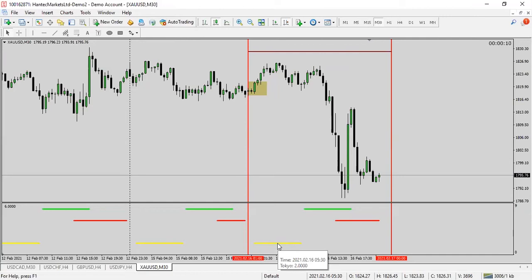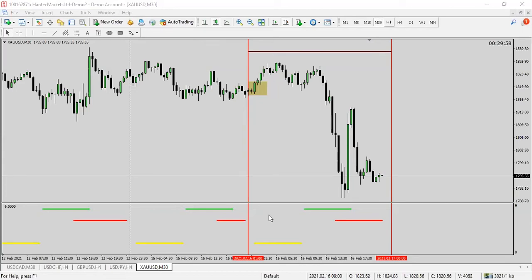Like I said, these things happen on every time frame, right from the monthly time frame down to the 1 minute time frame. So the beginning of this yellow horizontal line to the end of it represents the Asia session. That's the beginning of the trading day. The Asia session is always the beginning of the trading day. So let us draw a box to represent the Asia session. So that is our Asia session box.